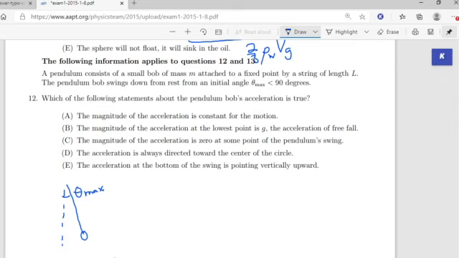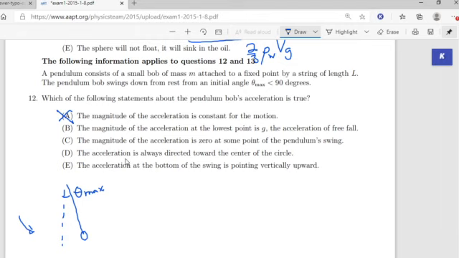Okay, first of all, the magnitude of acceleration is constant for the motion. No, it's not. That is basically right when it's about to go from theta max. That's when it's the highest, I think. It's always directed towards the center of the circle.